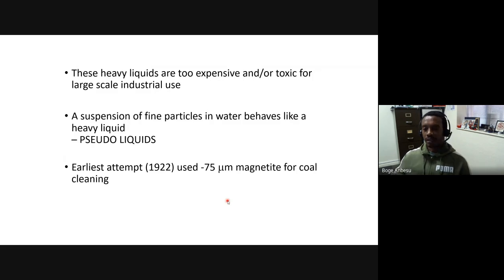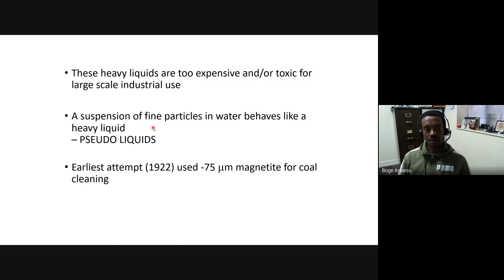And therefore, people then started to come up with more environmentally friendly chemicals where you could suspend particles. Fine particles could be suspended in water, and that fine particle suspension can actually act as a media itself.